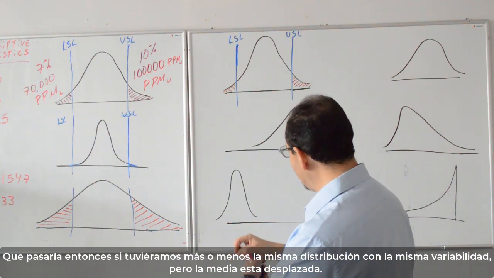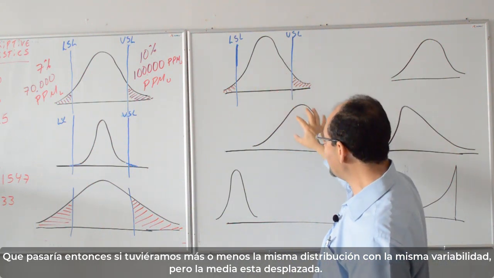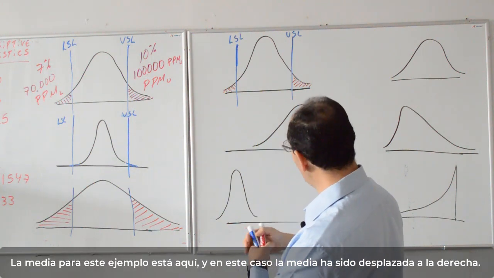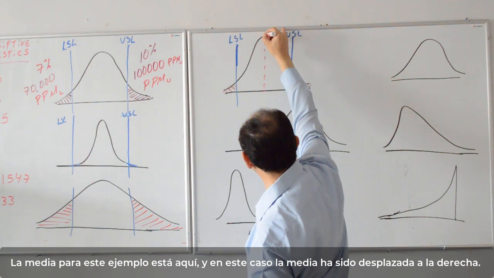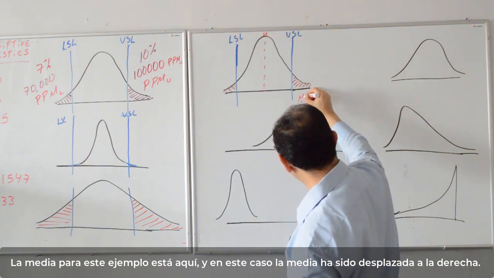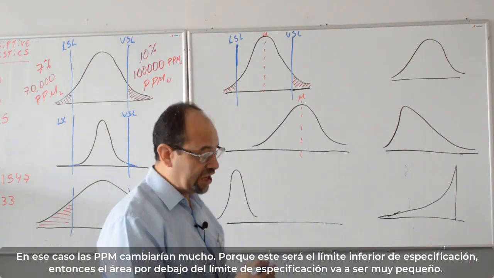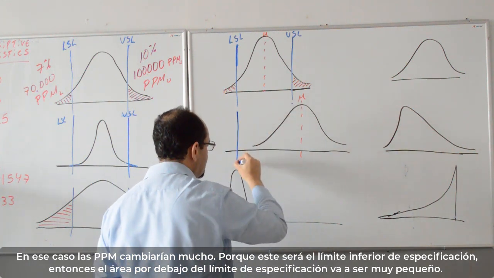Well, what will happen if we have more or less the same distribution with the same variability, but the mean is shifted? The mean for this first example is here. Here is the mean of the population, and in our case the mean has been shifted to the right. Then the PPMs will change a lot, because this is going to be the lower specification limit.